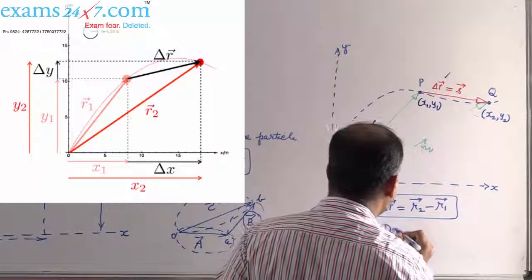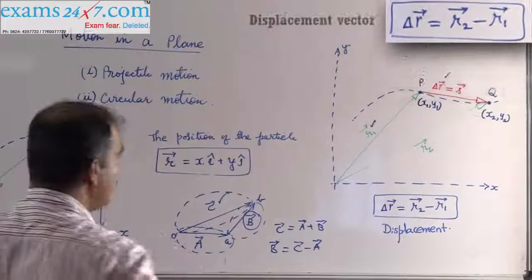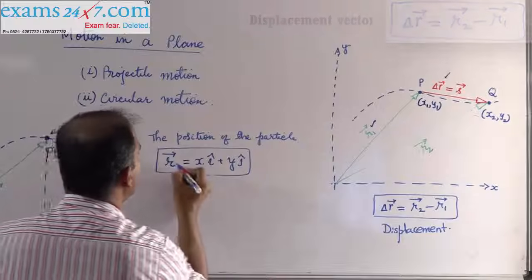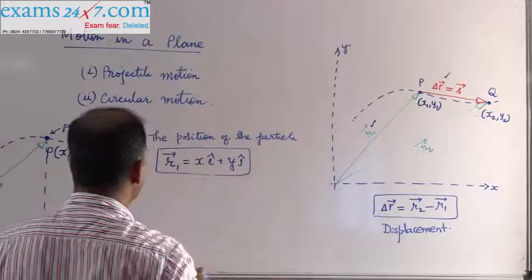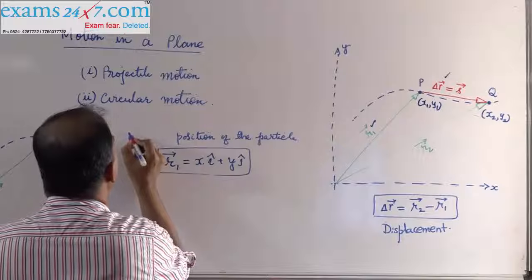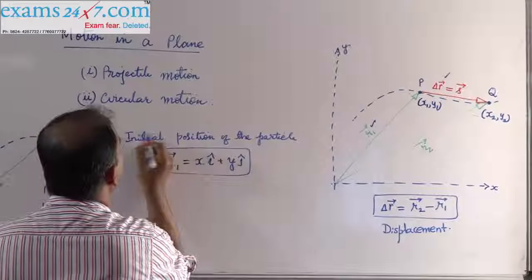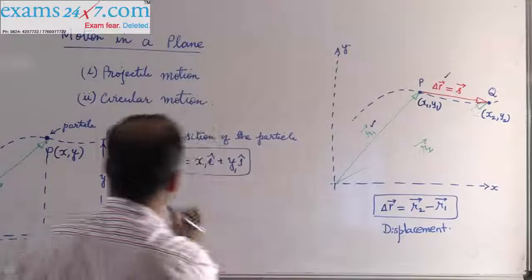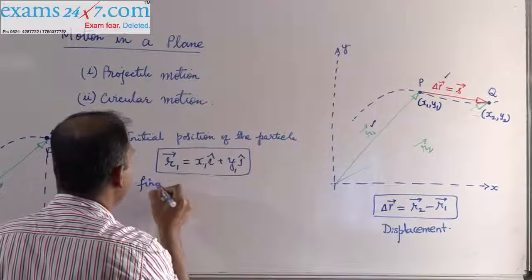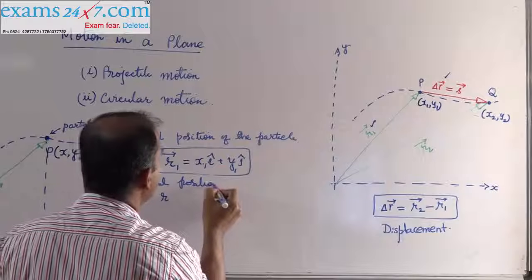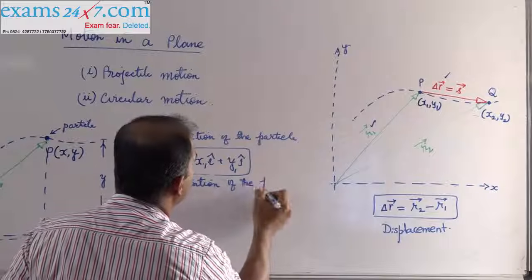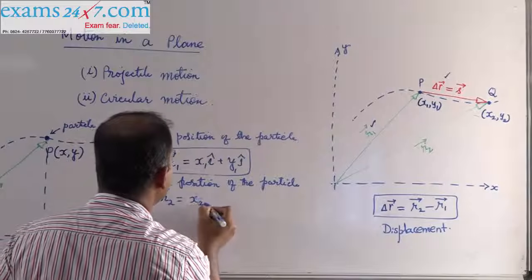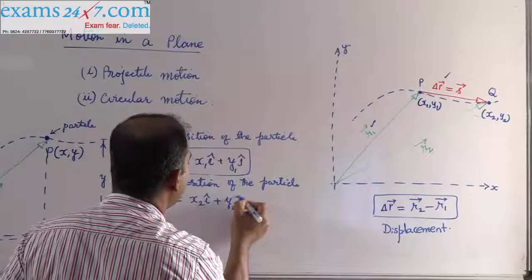This is called the displacement vector in 2 dimensions. Meanwhile, you may also write vector r1, that is the initial position vector of the particle, as r1 equals x1 i cap plus y1 j cap. Similarly, the final position vector of the particle, you may write r2 vector equals x2 i cap plus y2 j cap.